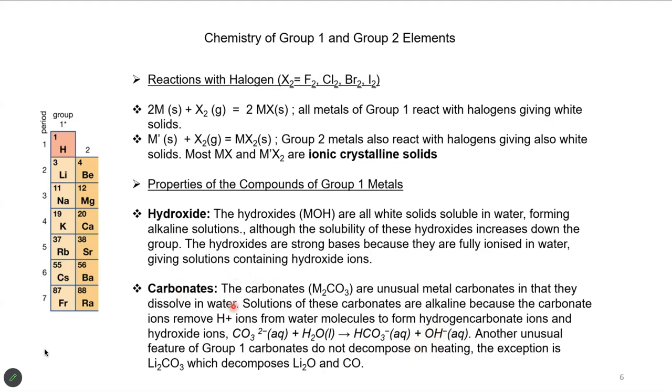Okay, we take carbonates. These are unusual carbonates, because we know that carbonates other than those of group 1 and group 2 are insoluble. That means they don't dissolve in water. But these two are unusual. They dissolve in water. The solution of these carbonates becomes alkaline.